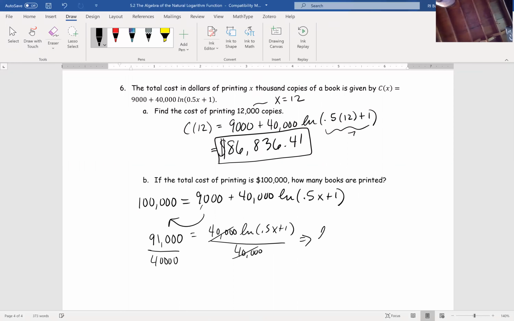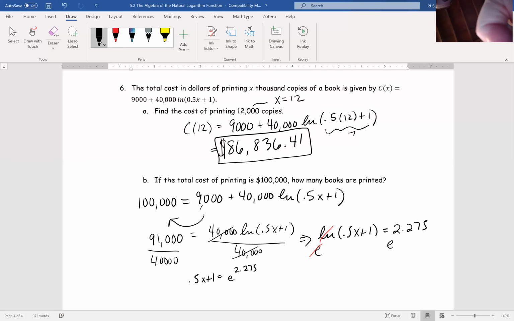So then we have natural log equal to 2.275. We've got to get rid of log, so take e on both sides. Those cancel. Solve for x.